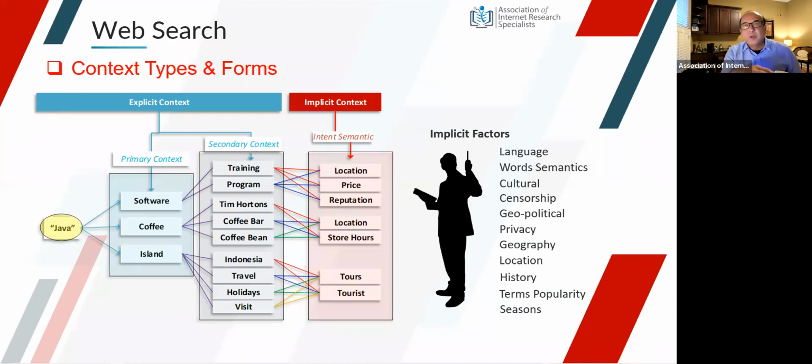We are just going to eliminate that and adjust it either through the browser or through our search queries. So we are basically trying here to do away with, or use the least of, the implicit or intent semantics that's added by the search engine on its own. Implicit factors. One of the factors that you would look at is the language.